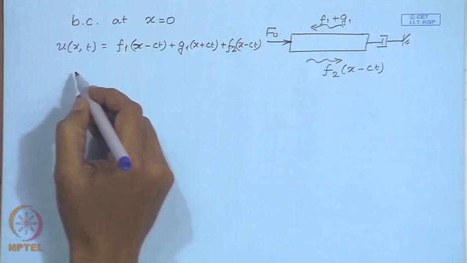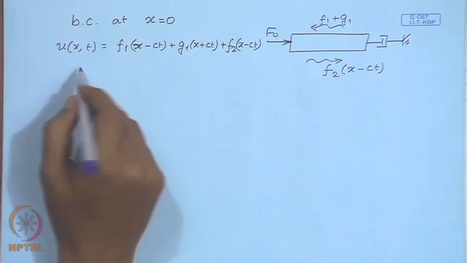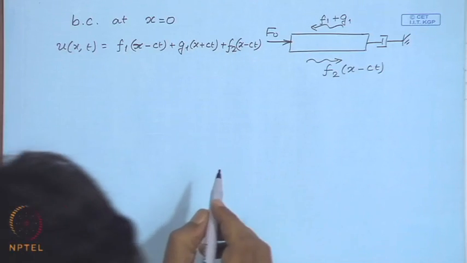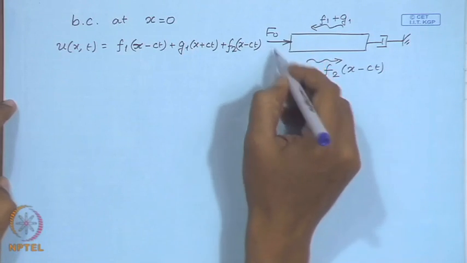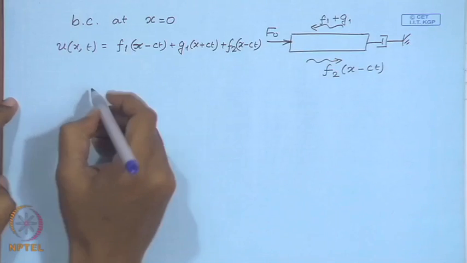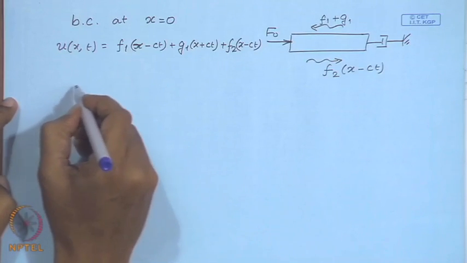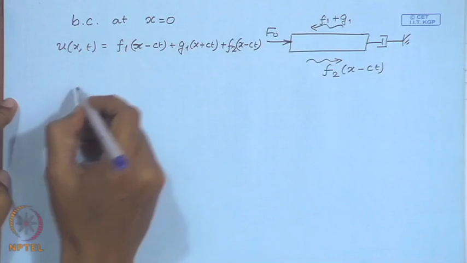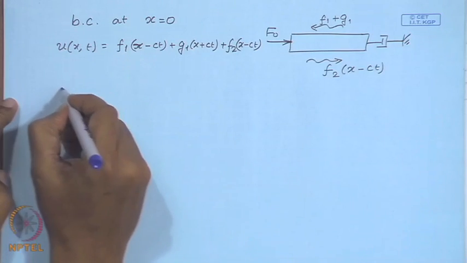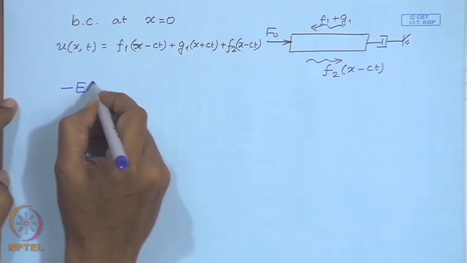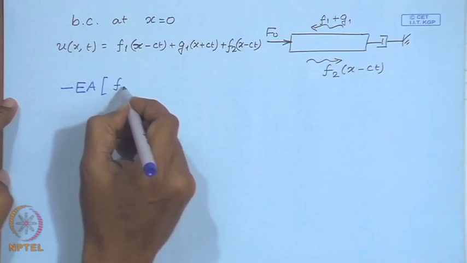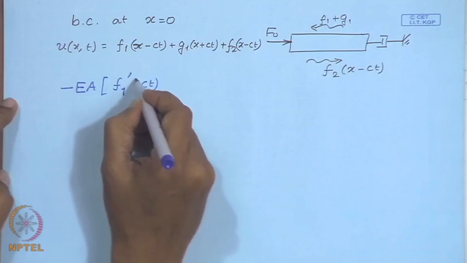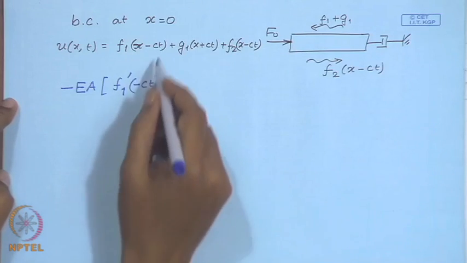Now, if you use the boundary condition at the left end of the bar, so what you will obtain finally when you do all these substitutions, at x equal to 0, so this is the boundary condition at x equal to 0.